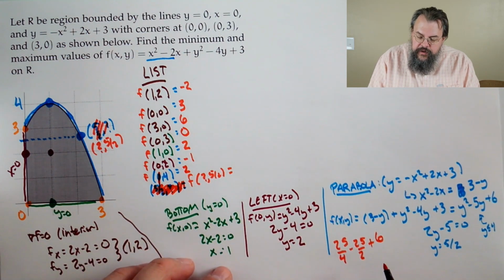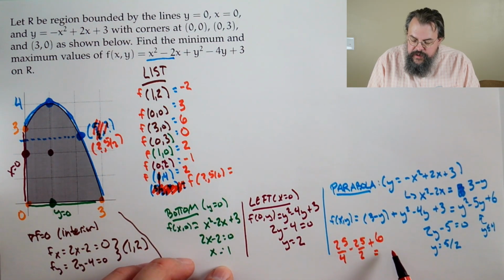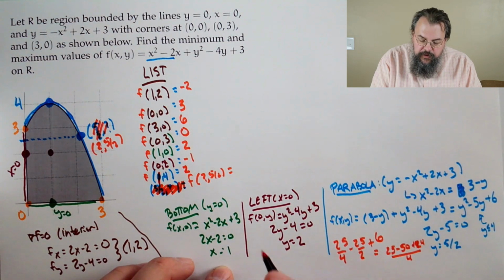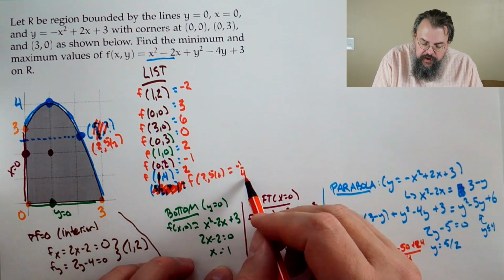Well, all right. So in terms of fourths, it would become 25 minus 50, and 6 is 24 over 4. And so we get 49 minus 50 over 4, so that's negative 1/4.